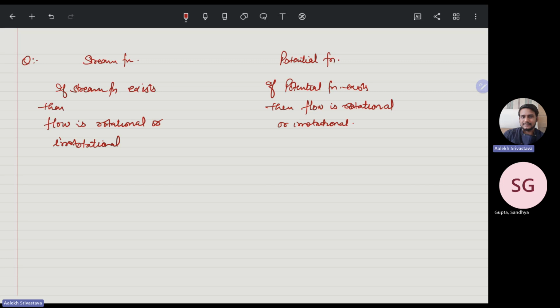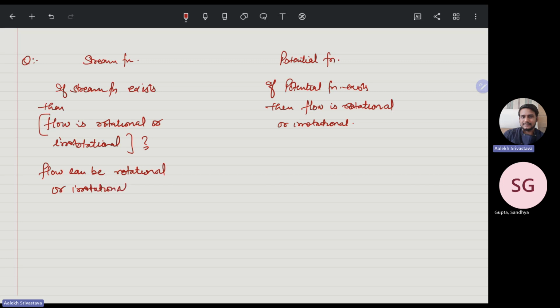The thing is, if a stream function exists, then it only satisfies the continuity equation. For the flow being rotational or irrotational, it doesn't say anything. Therefore, flow can be rotational or irrotational.